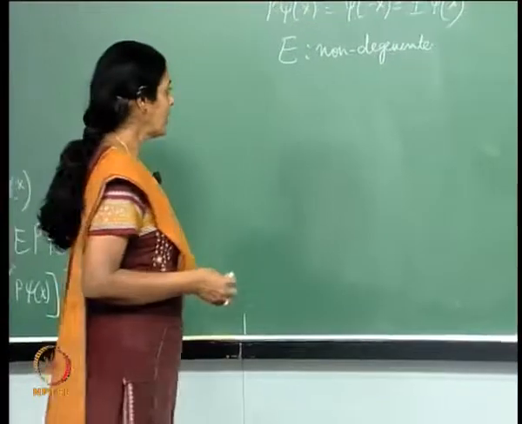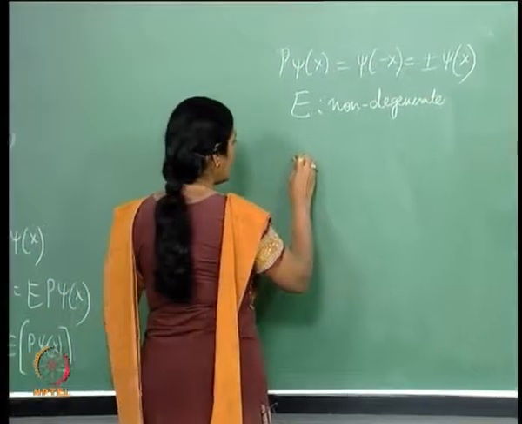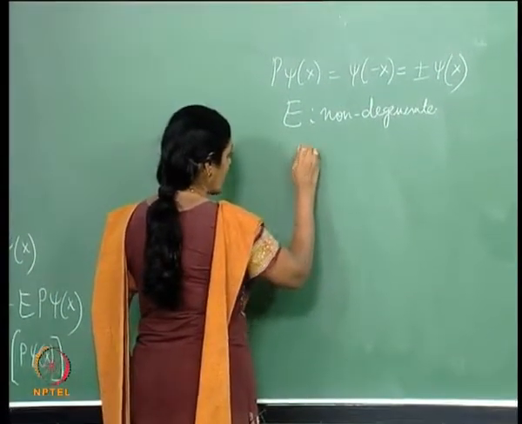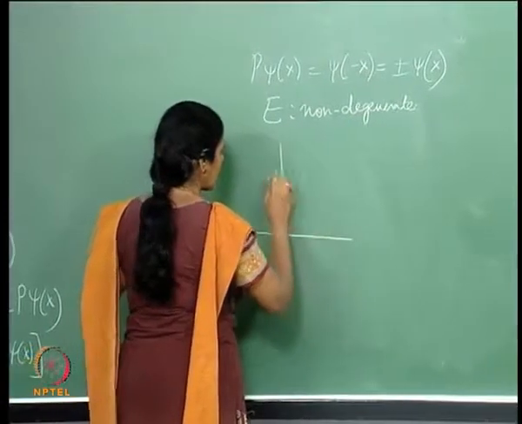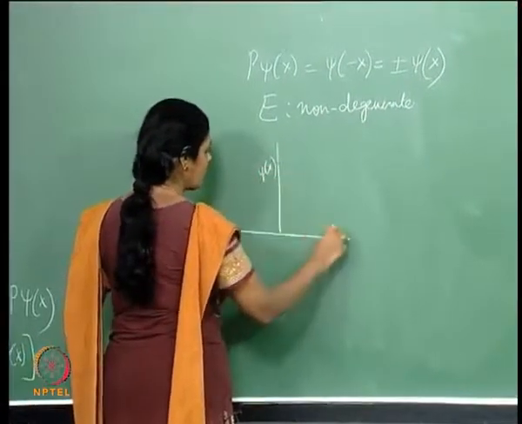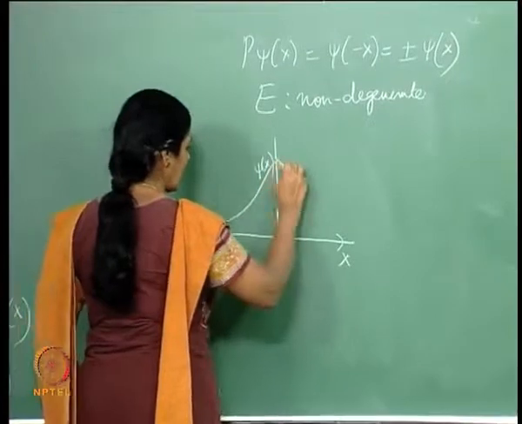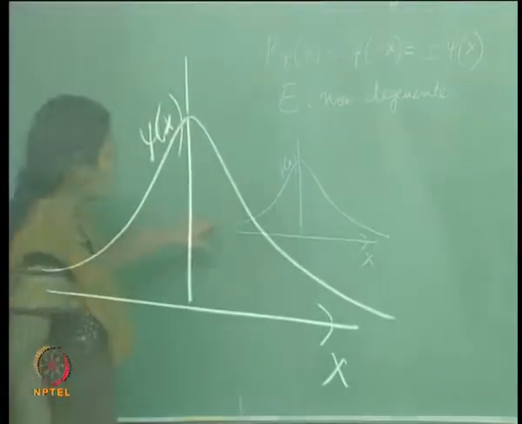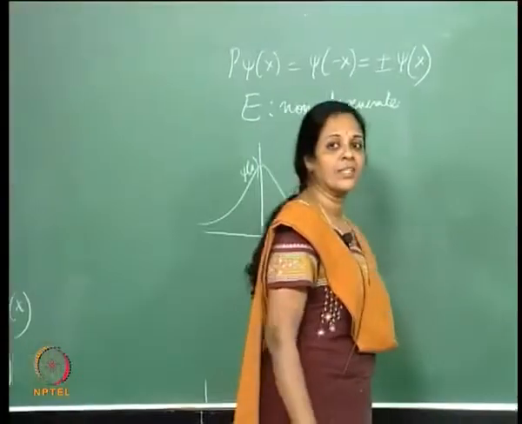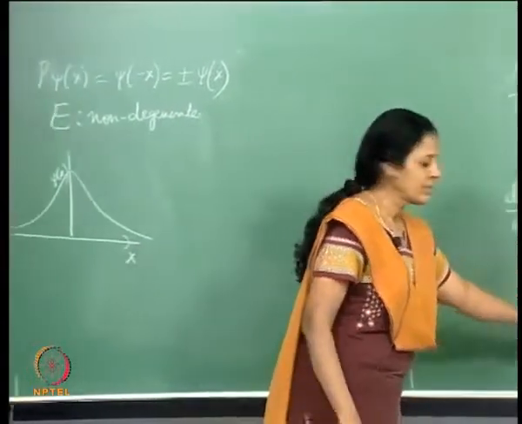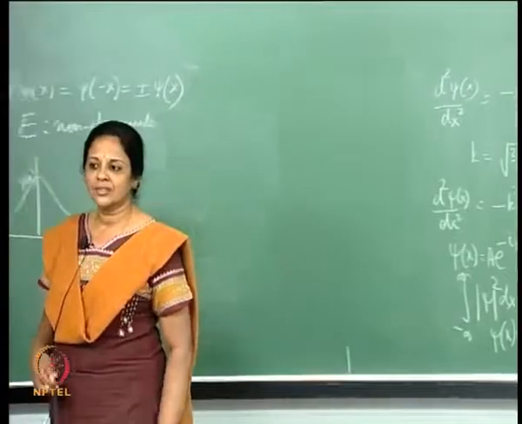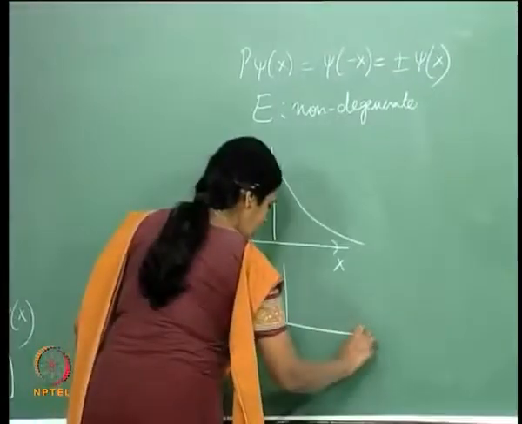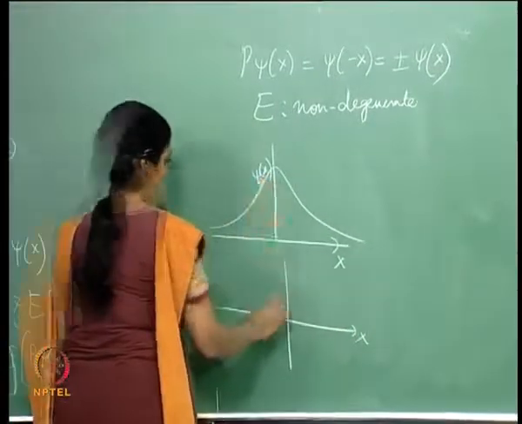And you will recall that in the ground state we showed that psi of x was a Gaussian function of x, and therefore it's an even function of x, going to 0 as x goes to plus minus infinity, which I would require from my probabilistic interpretation. Here is an odd function of x.